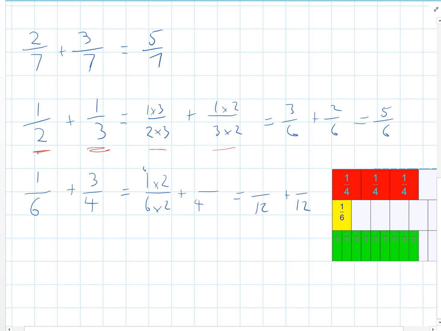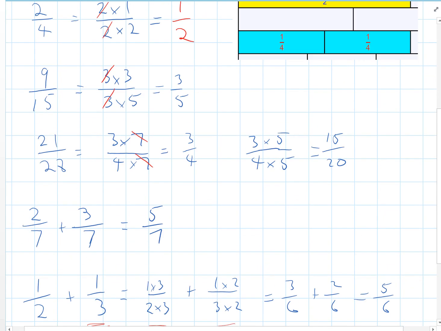And what do I times 4 by to get 12? 3. So if I've times the bottom by 3, I've got to times the top by 3. So I end up with 2 on 12, and 3 3s are 9 on 12, and I end up with 11 on 12. That's how you add numbers with different denominators.